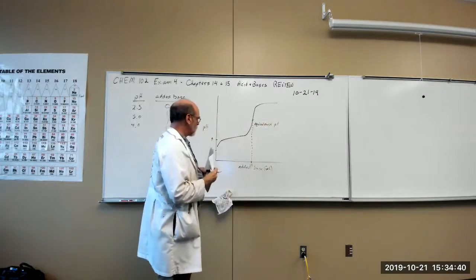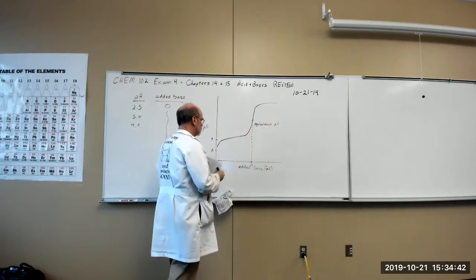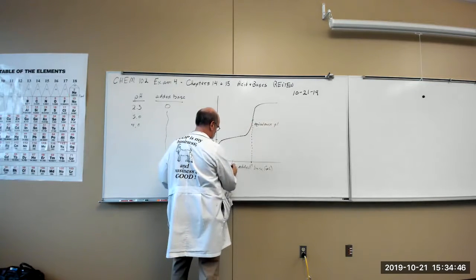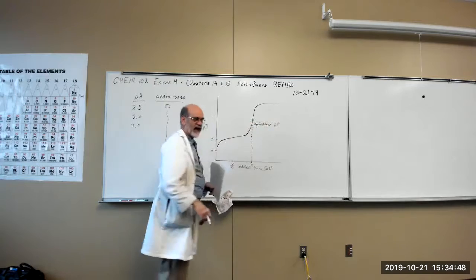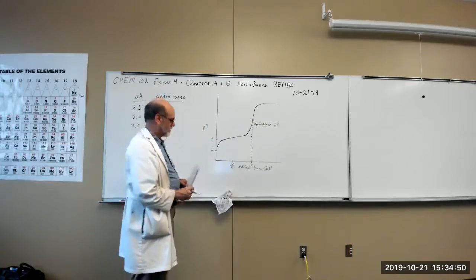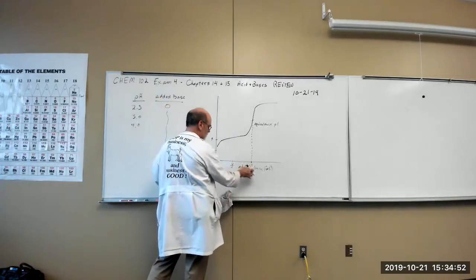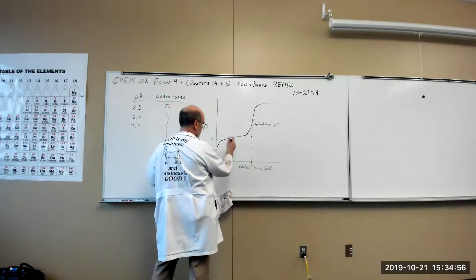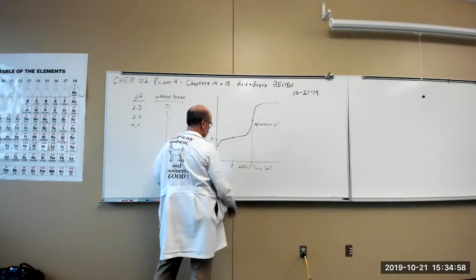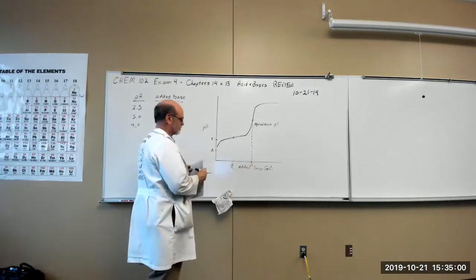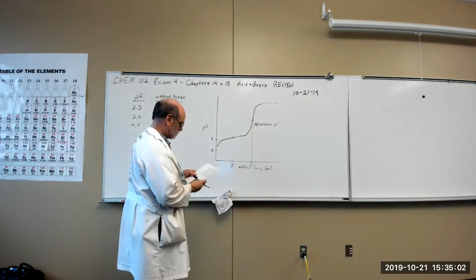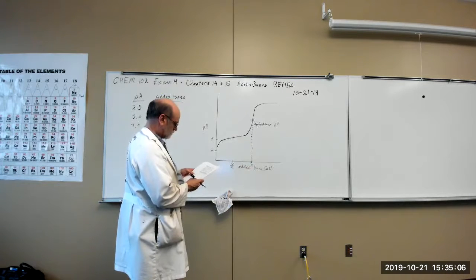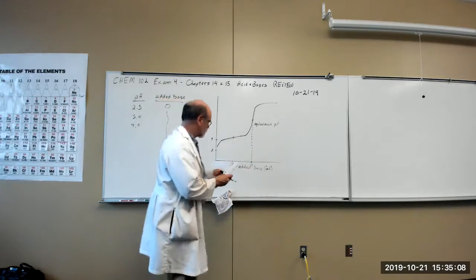So where is the middle of the buffer range? 1/2 of that value. 1/2 of the amount of base added gives you the middle of the buffer range. Okay, so how do I know that?